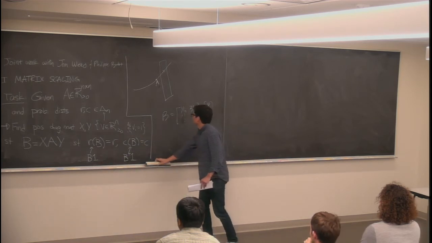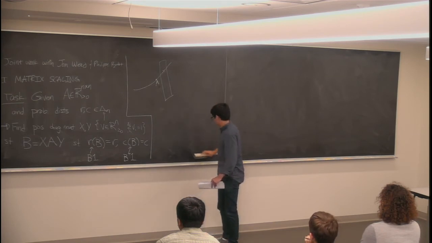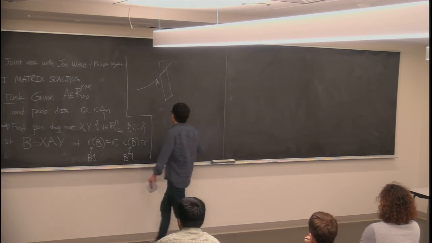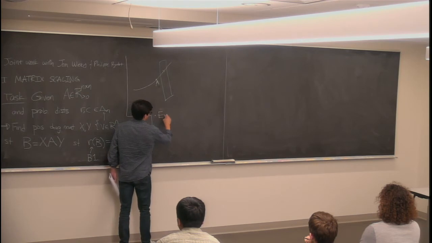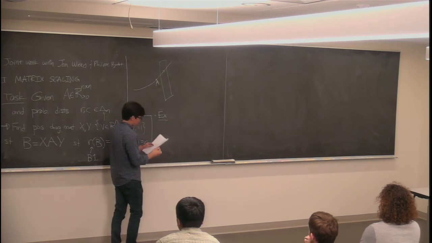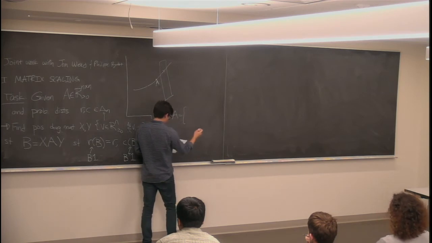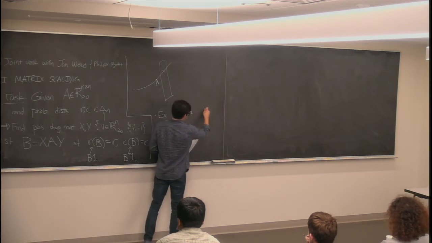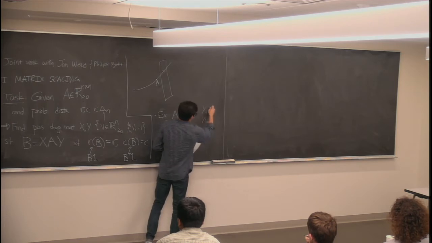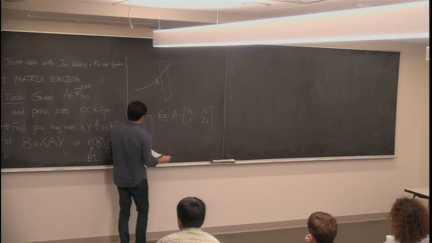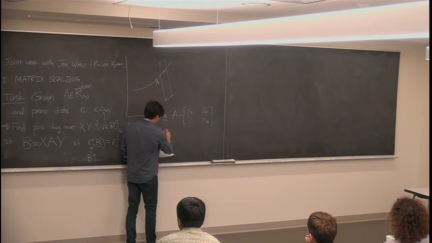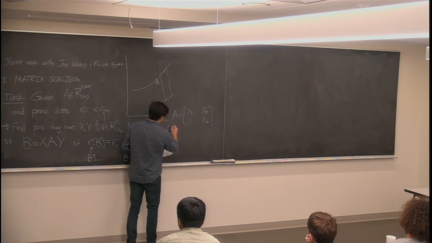Okay, so let's give an example. Consider the matrix A, which is 1/2, 1/4, 1 and 1/16. And I give you also these row and column marginals. R is equal to 3/8, 5/8.